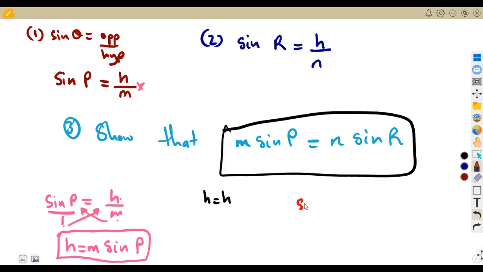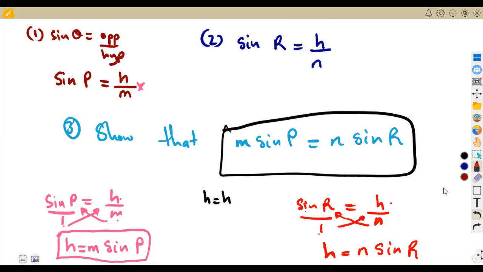Which is the same thing you're gonna do on this side. Find H again, because we're given that the sine of R is equal to H over N, which is the same as over 1. So you cross multiply just like the previous case. 1 times H, which is H, is equal to N times sine R. So this is N sine R. So we've got H here, and this H that we see here, they're equal.